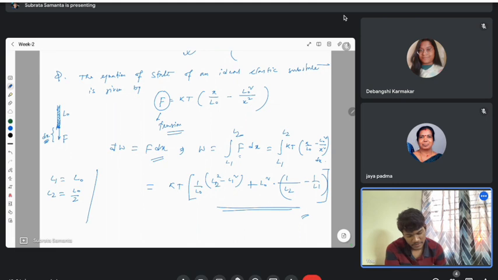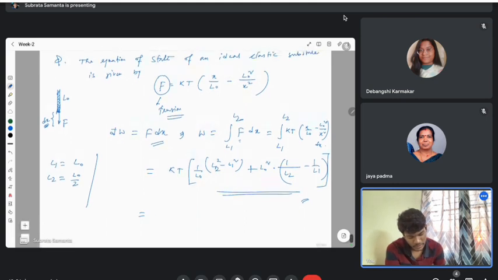So just keep track of this. Put it into this formula: kT times 1 over L0, and L0 square, minus L0 by, so 1 by 4 minus 1, and then plus L naught square times 1 by L2 minus 1 over L1.